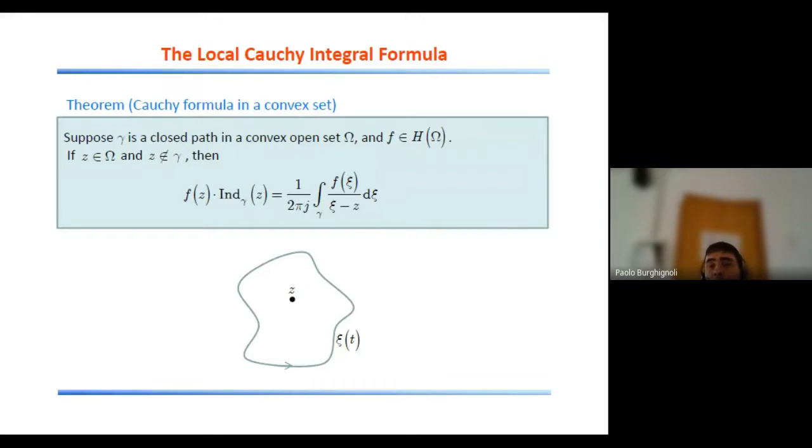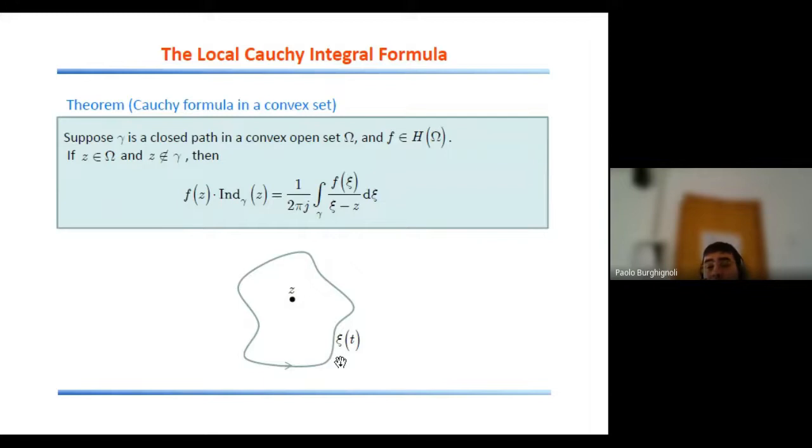But more interesting is what happens when z is instead, as in this picture, inside the curve. So the winding number or index is different from 0. And so the left-hand side gives you the function f up to a multiplicative factor, which is an integer. In this case, what you get is a representation of the function f at a point z in the interior in terms of the values that the function f takes on the boundary of the region whose boundary is the curve gamma.